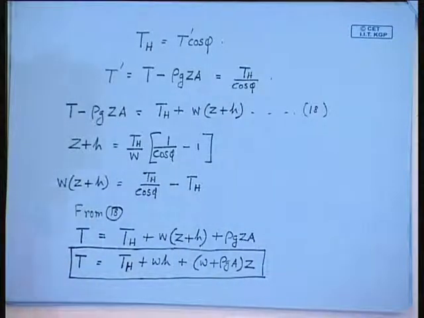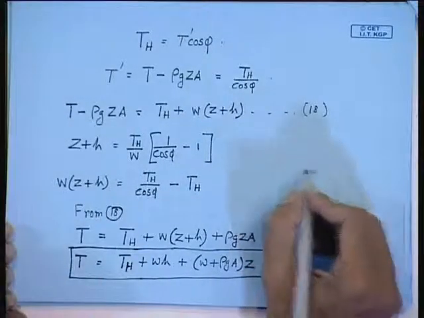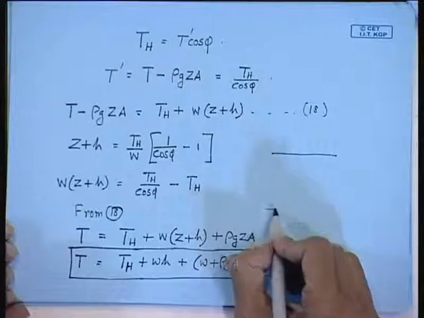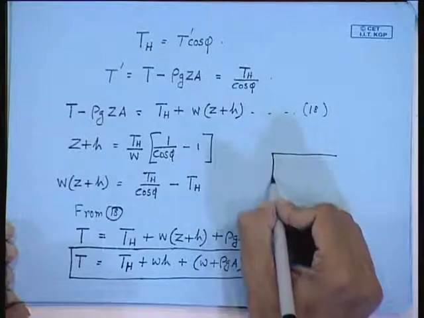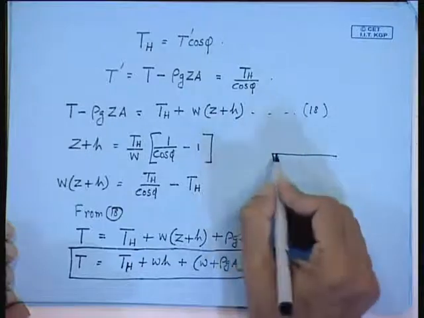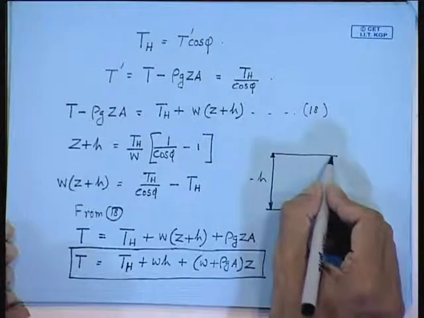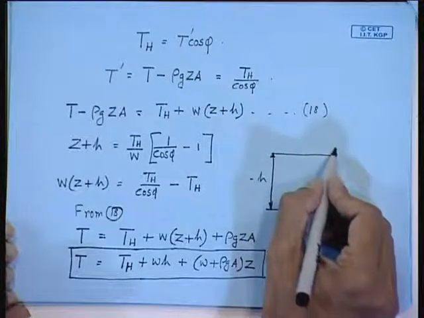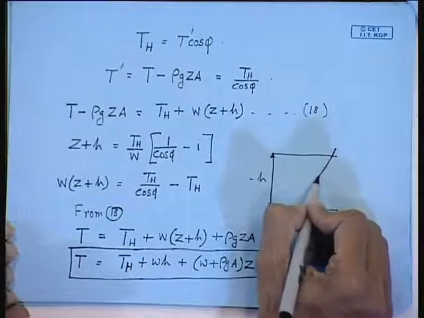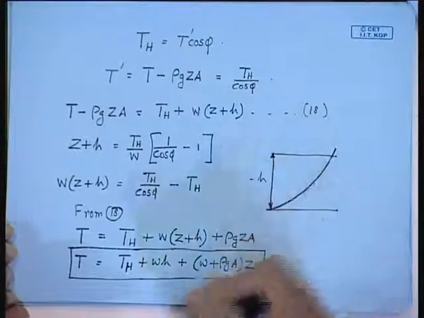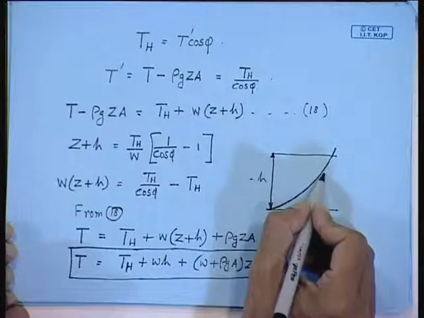So now the other expression that we can find out after we have found out this, the next point is, from this diagram, this will make it amply clear. So this distance is minus h, or rather you can write h, whatever it is. So now your catenary is in this form. Now the T that we have found out is at a particular Z value.